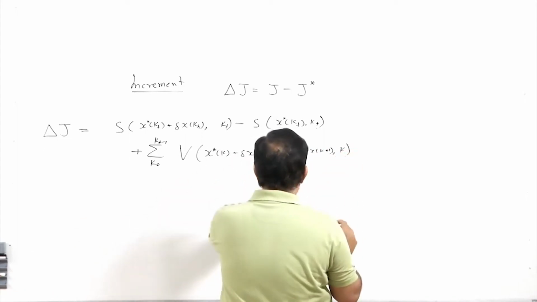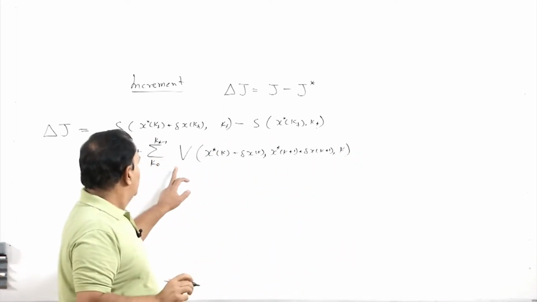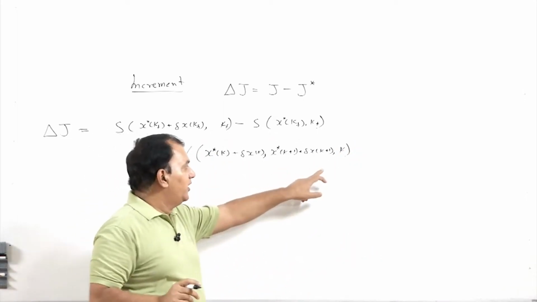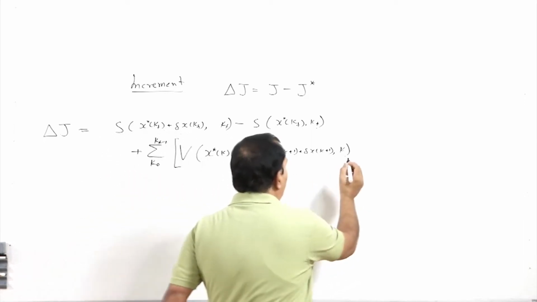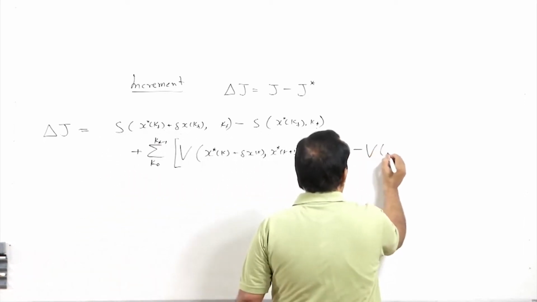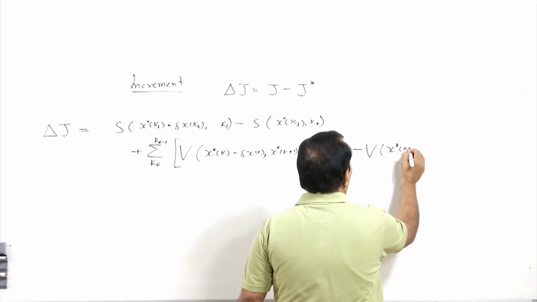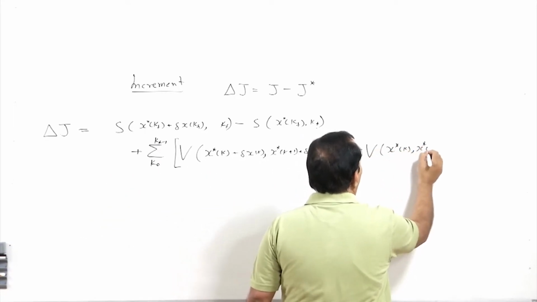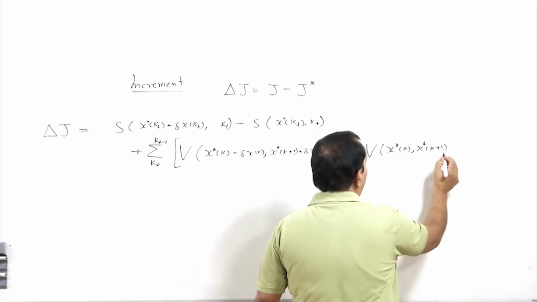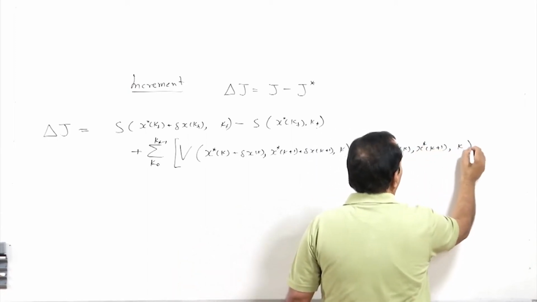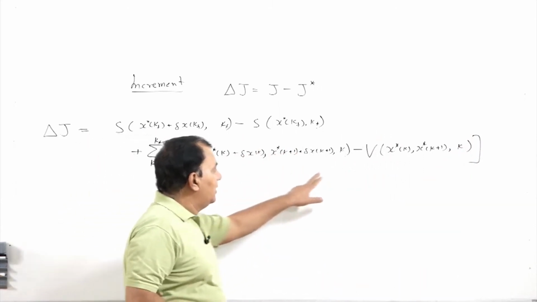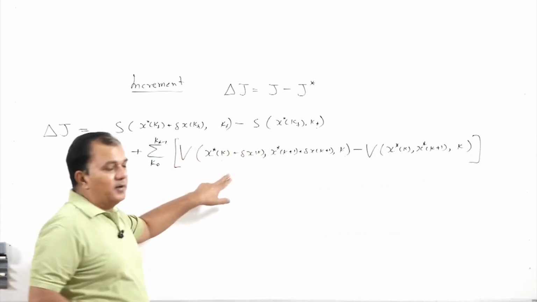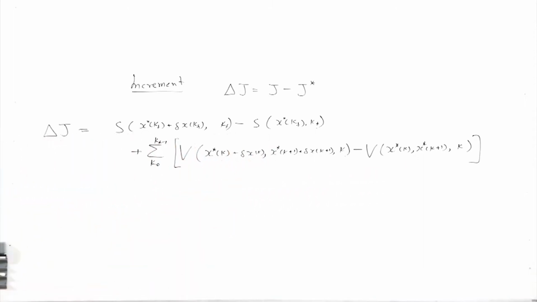So, this is my summation term of the j, and minus v of x star of k, x star of k plus 1, and k. If you see my summation term, this is similar to what we have considered in the previous case.